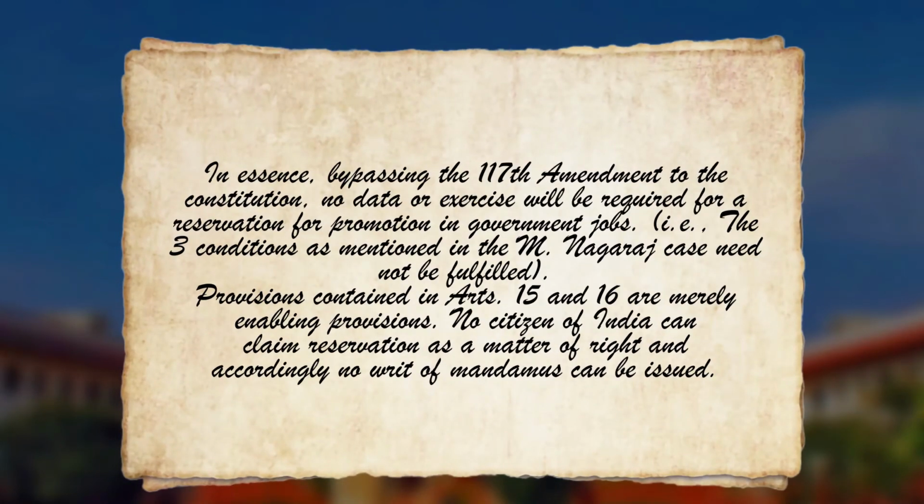In a sense, by passing the 117th Amendment to the Constitution, no data or exercise will be required for reservation in promotion in government jobs. That is, the three conditions mentioned in the M. Nagaraj case need not be fulfilled.